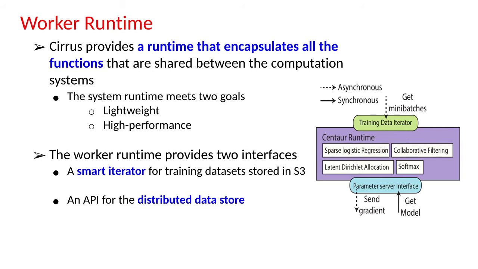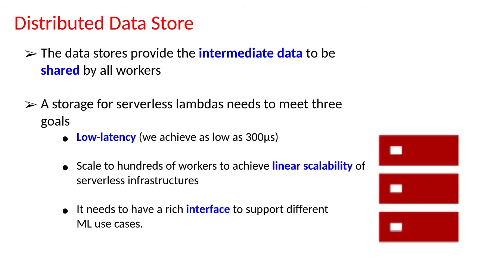Now let's understand the next block of CIRRUS, that is the distributed data store. The CIRRUS distributed data store serves the purpose of storing the intermediate data to be shared by all workers. The storage for serverless Lambda needs to meet three goals. First is low latency, that is, it should have a latency of less than 300 microseconds.